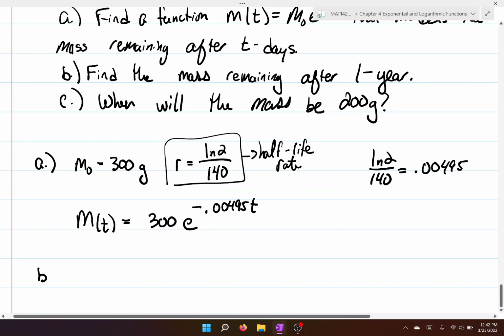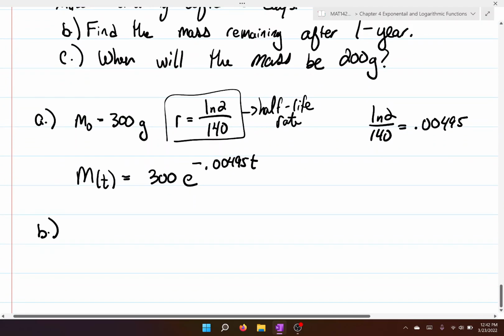Next, part B. Find the mass remaining after 1 year. So the mass after 1 year, we've got to be careful here because the half-life was given to us in days, so we're going to have to use the numerical equivalent of days in a year, 365.